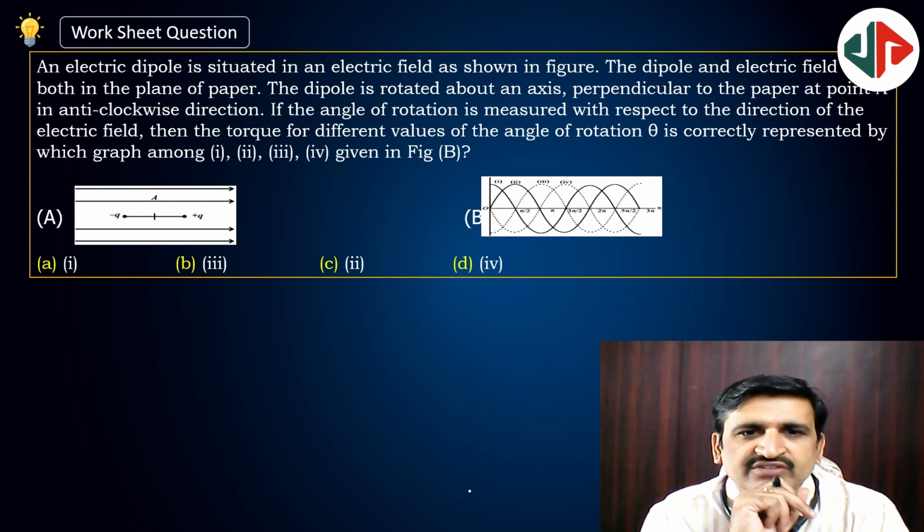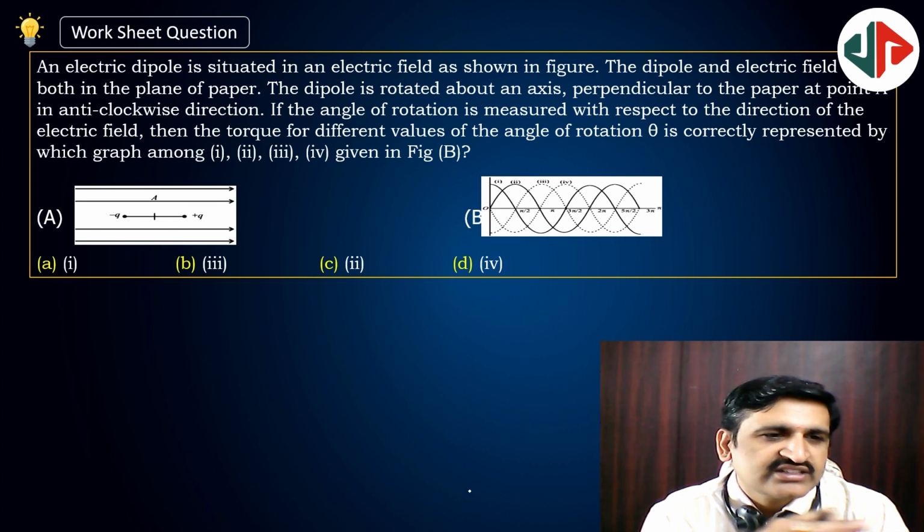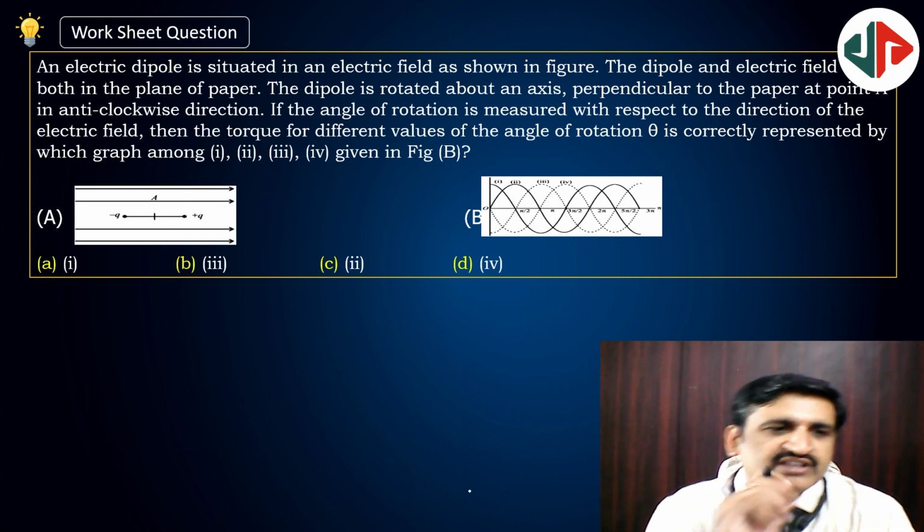If the angle of rotation is measured with respect to the direction of the electric field, the torque for different values of the angle of rotation theta is correctly represented by which graph? Torque graphs are given.